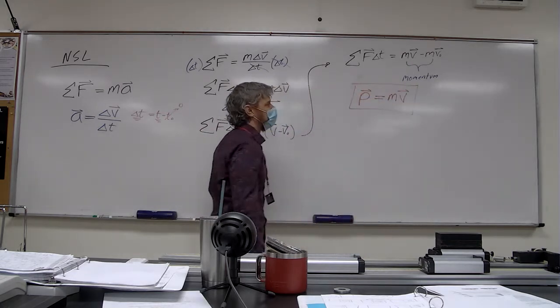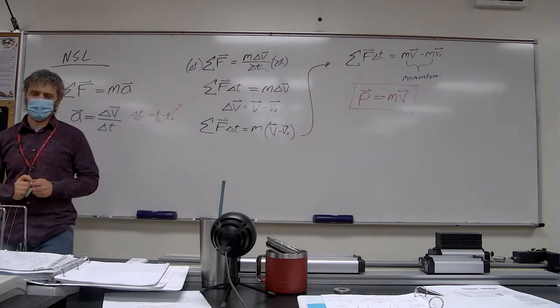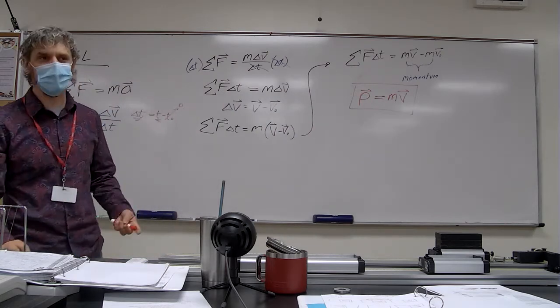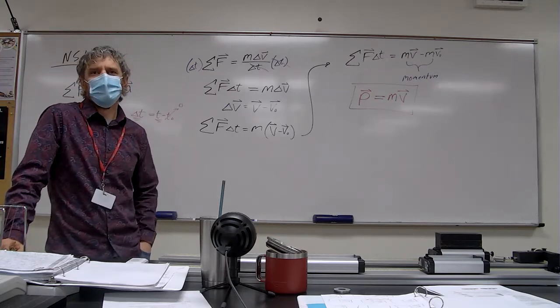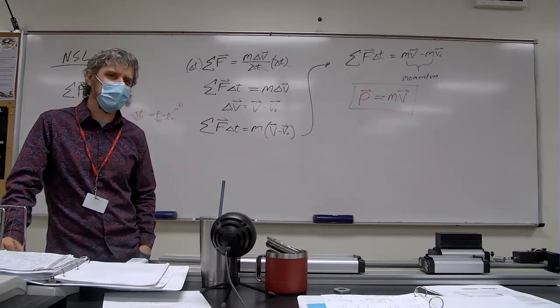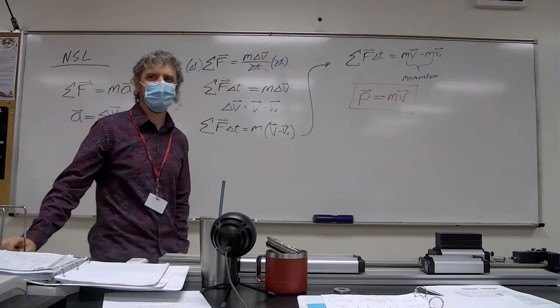Now, if you guys were in an on-level class, you would get questions like: a 10 kilogram object is moving at 2 meters per second. What's the momentum? Right? In this class, we will not get questions like that because that's a little too basic.